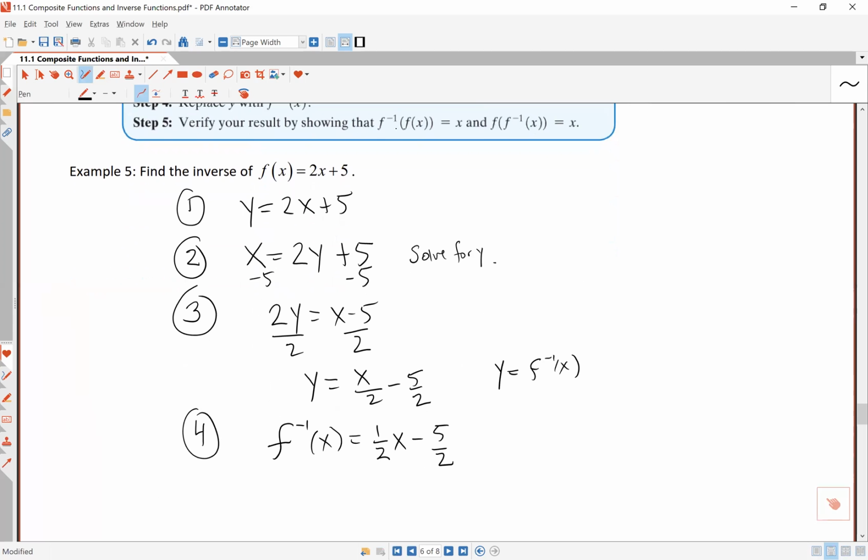You could verify your result with the property of inverse functions, which is if you stick a function into its inverse, you should get x. Stick an inverse into the function, you should get x. I am not going to require you to do that, but here is your function.